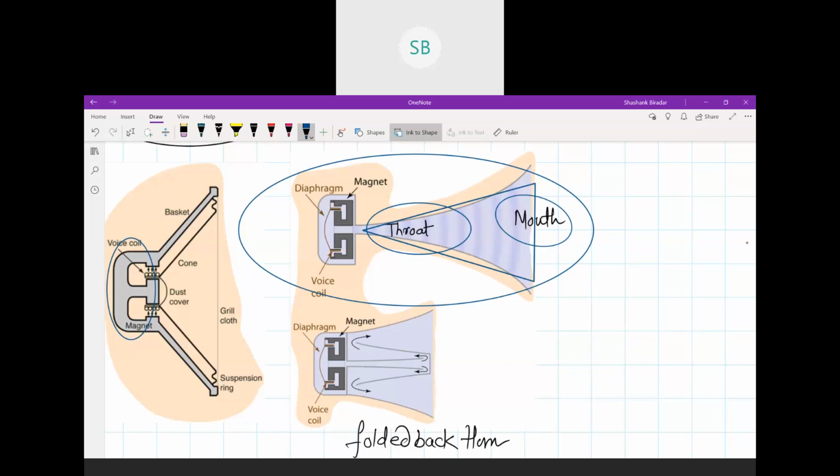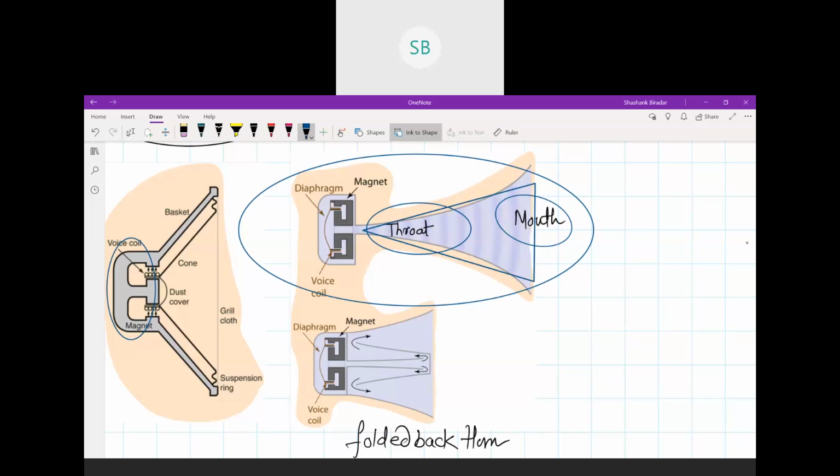The operation of the drive unit is identical to that of the paper cone type speaker, as we have discussed earlier. However, here, instead of radiating the acoustic power directly into the open space, it is first delivered into the air chamber of the horn. In this way, the horn type speakers are indirectly radiating loudspeakers.